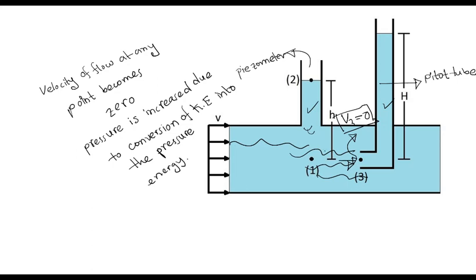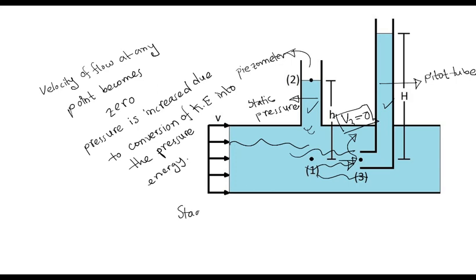Where velocity is zero. We know the piezometer gives the head of static pressure, and the pitot tube gives the stagnation pressure.